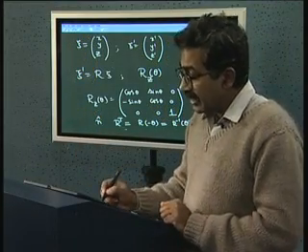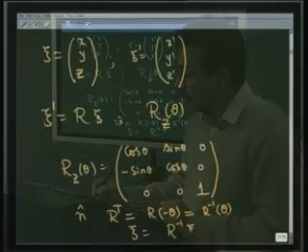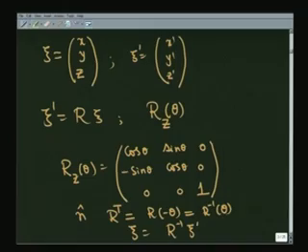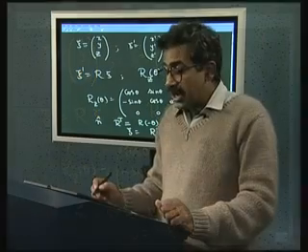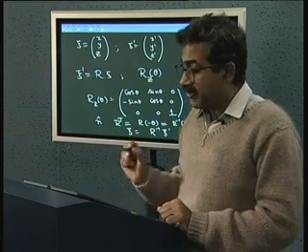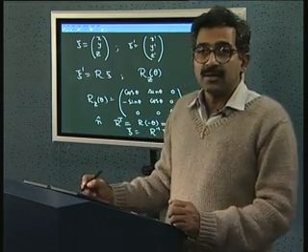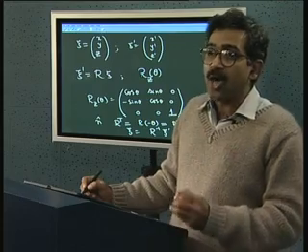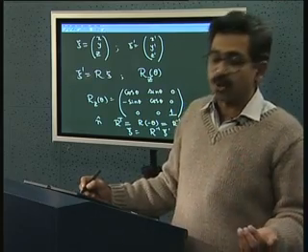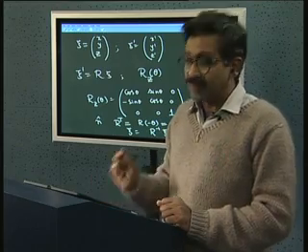That is, I can write xi is equal to R inverse xi prime. The set of matrices which have this property are called orthogonal matrices. When the transpose is the same as the inverse, it is an orthogonal matrix. And actually what we have done is to observe a very, very important, in fact the defining property of the rotation matrices, namely the transpose is the same as the inverse.